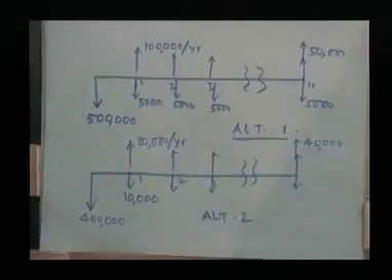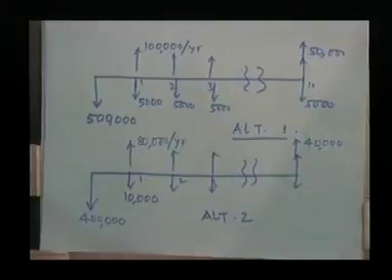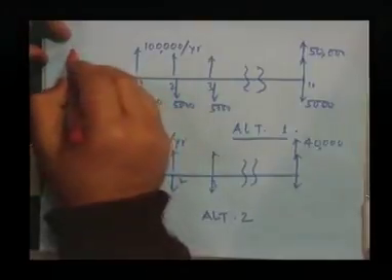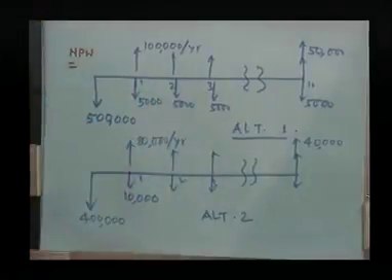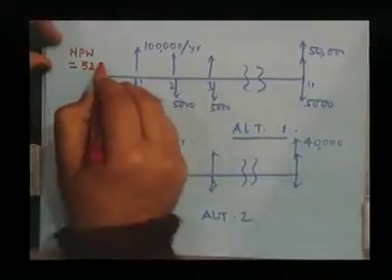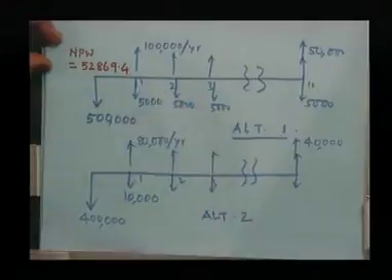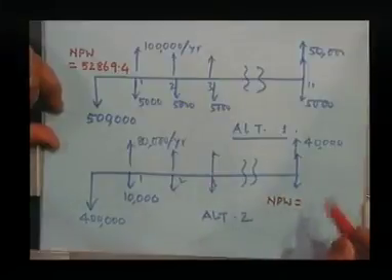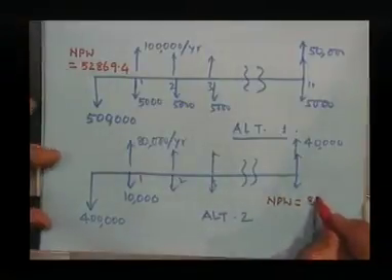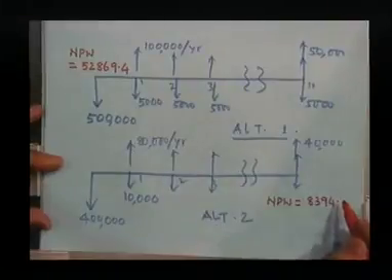The net present worth, if you find, I have already calculated, please cross check it. I will write it in this particular slide itself. Net present worth I am getting here is 52,869.4, and for this alternative 2 I am getting a net present worth of 8,394.2.